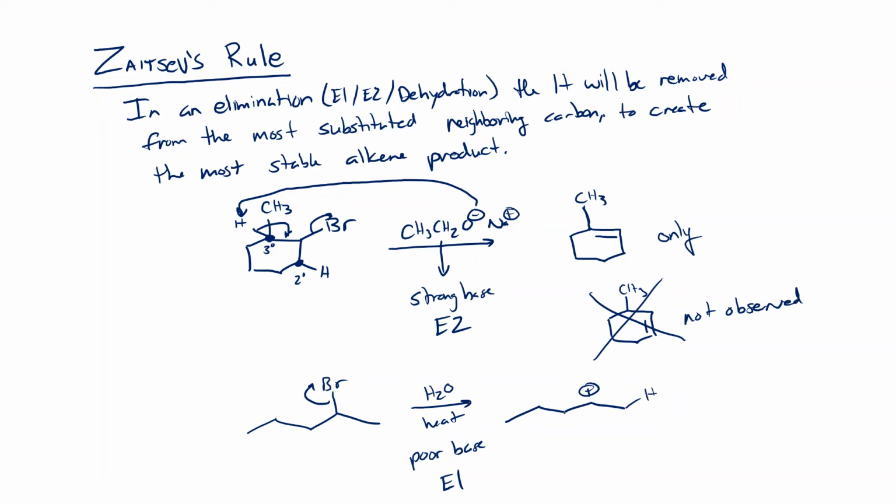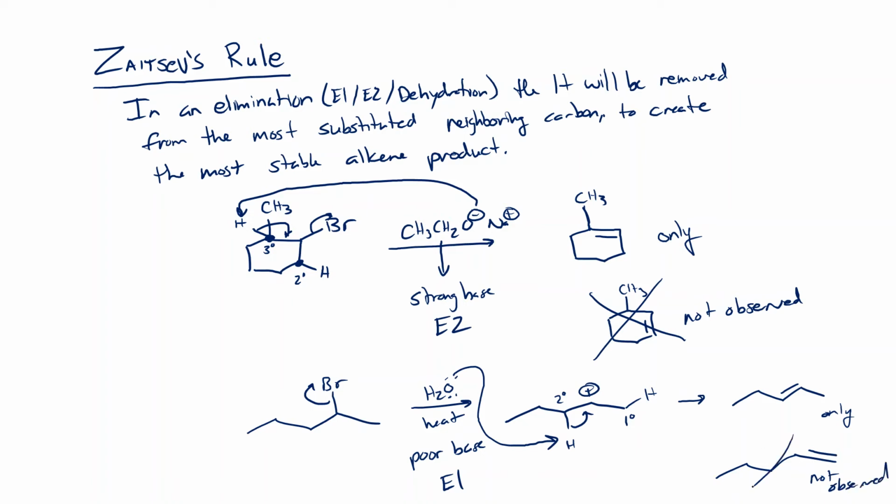We can take the hydrogen from this primary position or from this secondary position, right? Those are the two positions that neighbor the carbocation. Zaitsev says that we will only take from the more substituted position, so we'll get a final product that looks like this, where the alkene is here. See this one only. We will not see this one, not observed. We won't see that product in there.